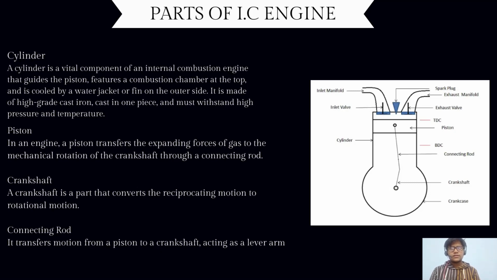So now let's understand the third key element of an IC engine, the crankshaft. The crankshaft of an IC engine receives the efforts or thrust supplied by the piston through the connecting rods and converts the reciprocating motion of the piston into rotary motion of the crankshaft.